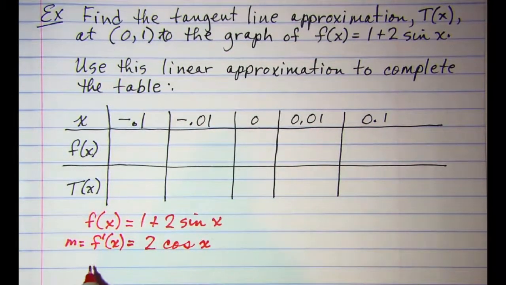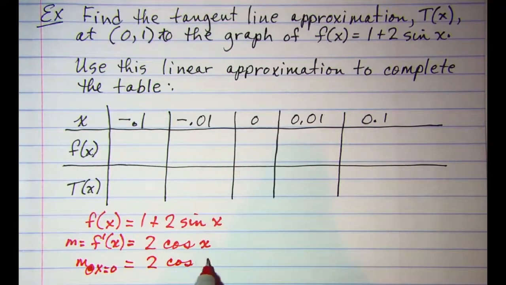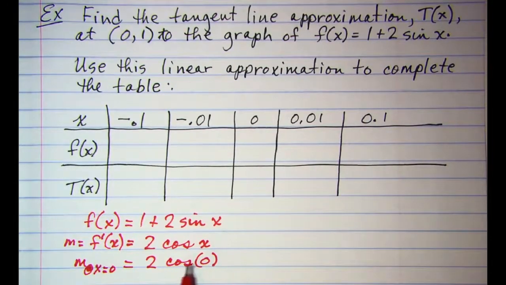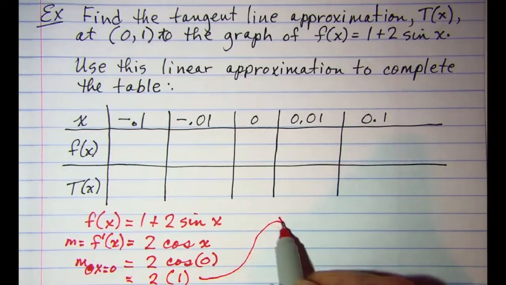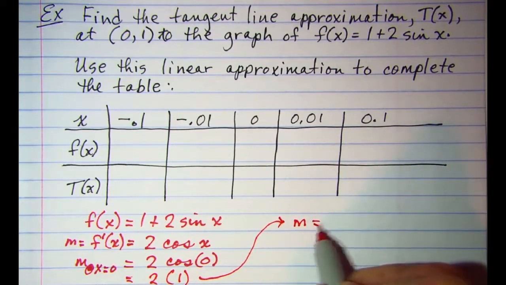So our slope at x equals 0 is going to be 2 times the cosine of 0. We know that the cosine of 0 is 1, so this is 2 times 1, which gives us a slope of 2.